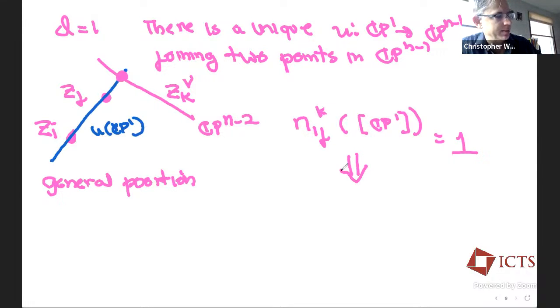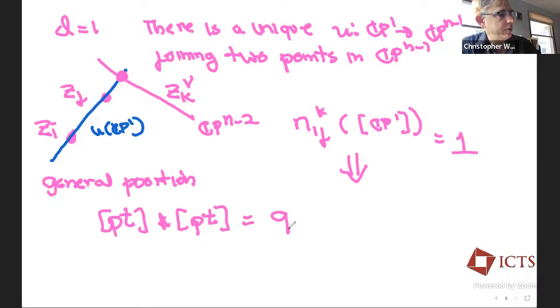And that implies that when I take the quantum product of the point class with the point class, I'll get Q to the, well, let's just call this generator 1.